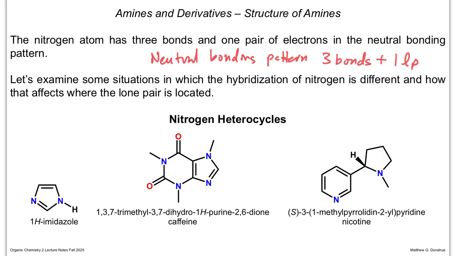When I say 3 bonds, that can be an assortment of different types of bonds based on the functional group. Your typical amine is just 3 sigma bonds and a lone pair. Then we can go up to where the nitrogen's in a double bond, or a triple bond, but it's still 3 bonds and a lone pair.